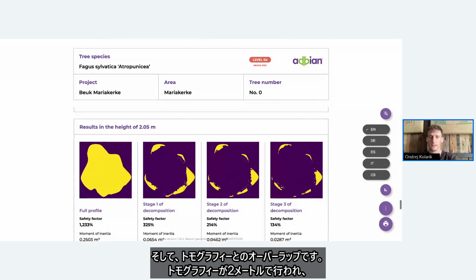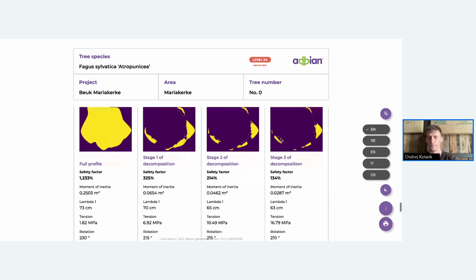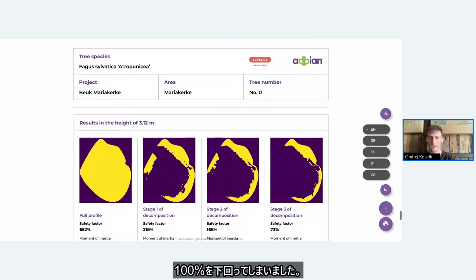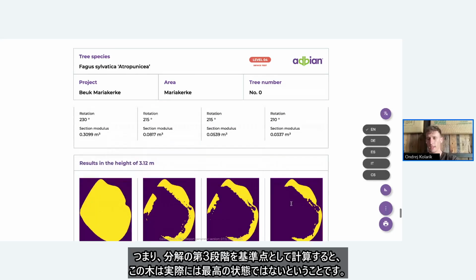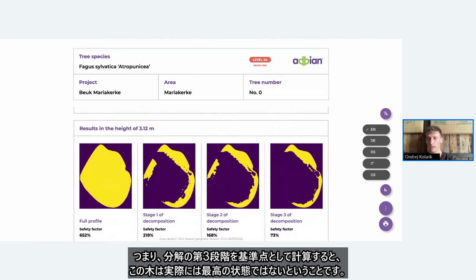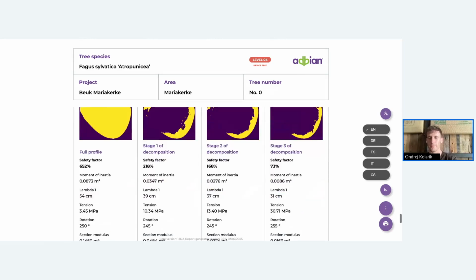So you can see that one tomography was done at 2 meters, which dropped under 150% when combined with tomography. And this one at 3 to 3.1 meters dropped even below 100%. So actually, this tree isn't in the best shape if we take the 3rd stage of decomposition as our reference point.